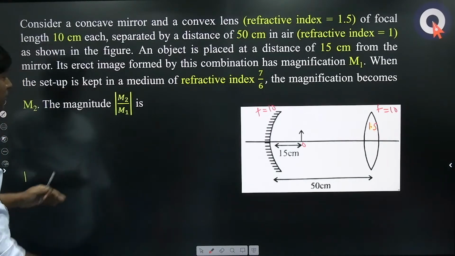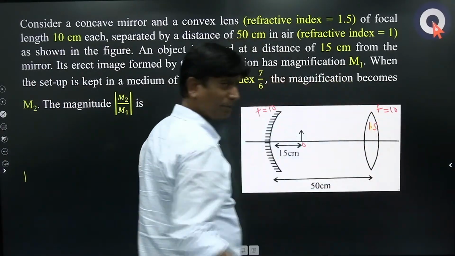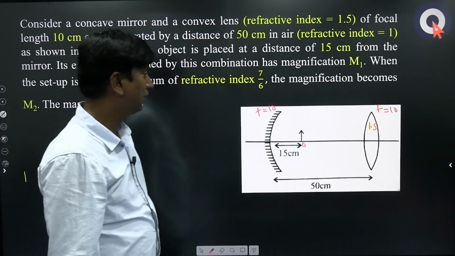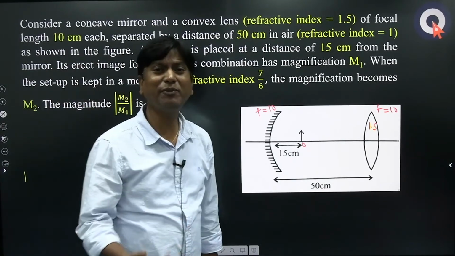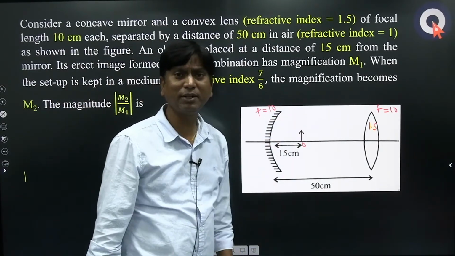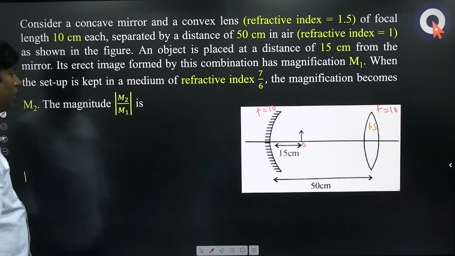Now, when the setup is kept in a medium of refractive index 7/6, this total setup, then the magnification becomes m2. Why is the magnification changing when the total setup is kept in another medium of refractive index 7/6?